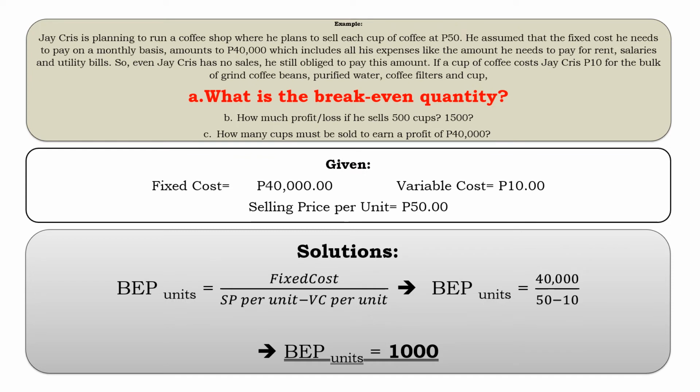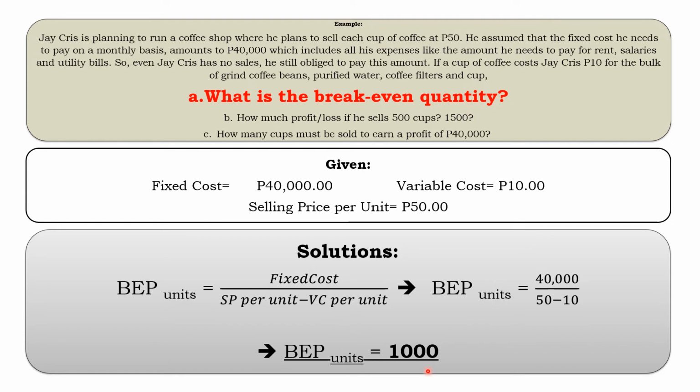So to substitute, our fixed cost is 40,000 pesos and our selling price is 50 and our variable cost per unit is 10 pesos. So our contribution margin per unit is 40. So to divide 40,000 pesos by 40, our break-even point in units is 1,000 units.